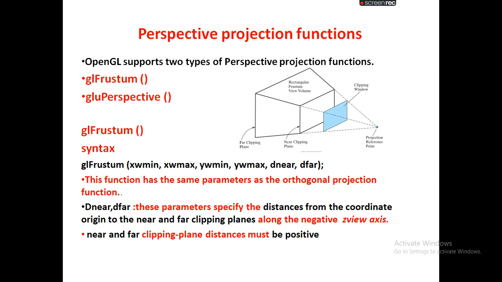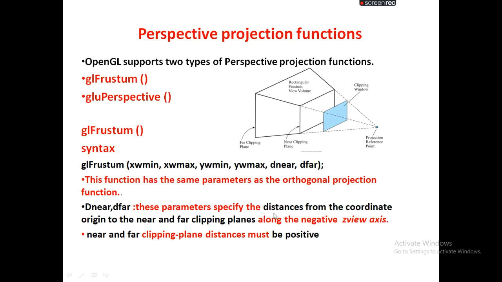Please try to understand. This function has the same parameters as the orthogonal projection function, but it creates perspective projections in our OpenGL program. And I highlighted here d near and d far.